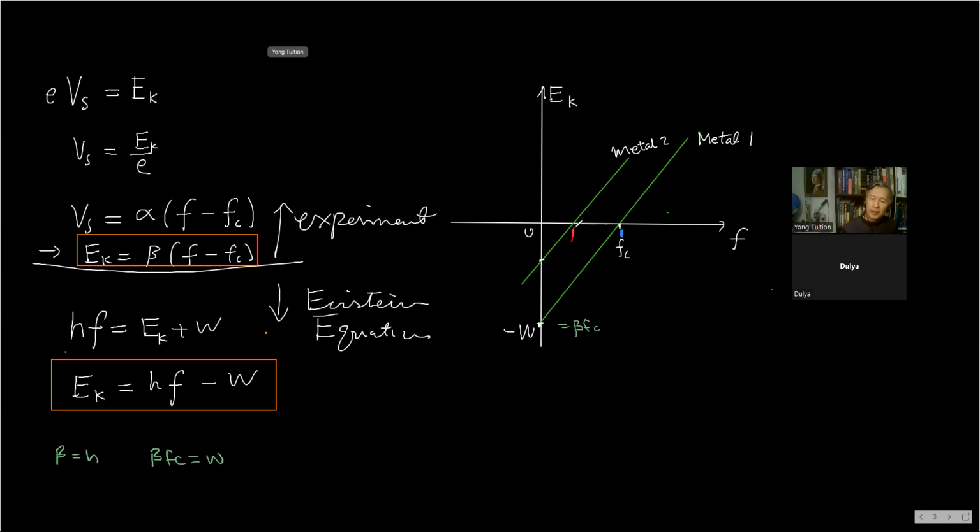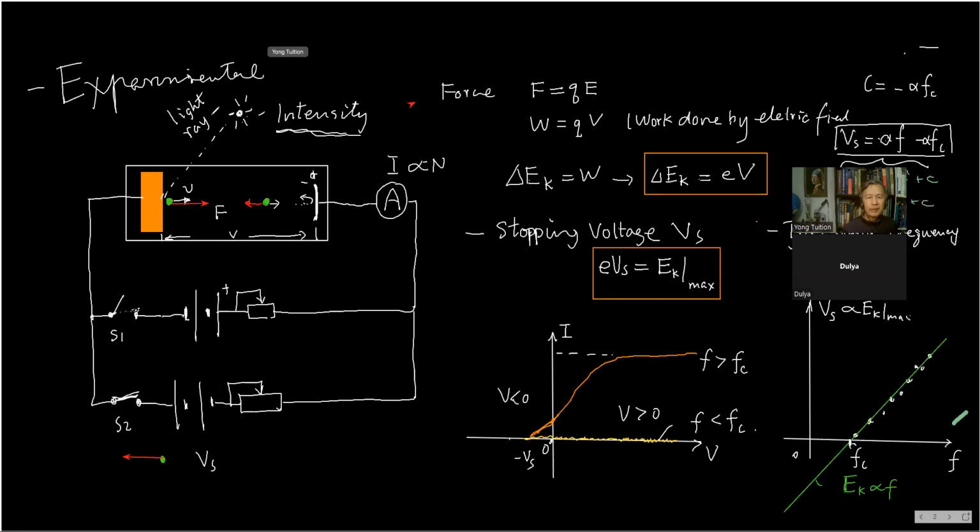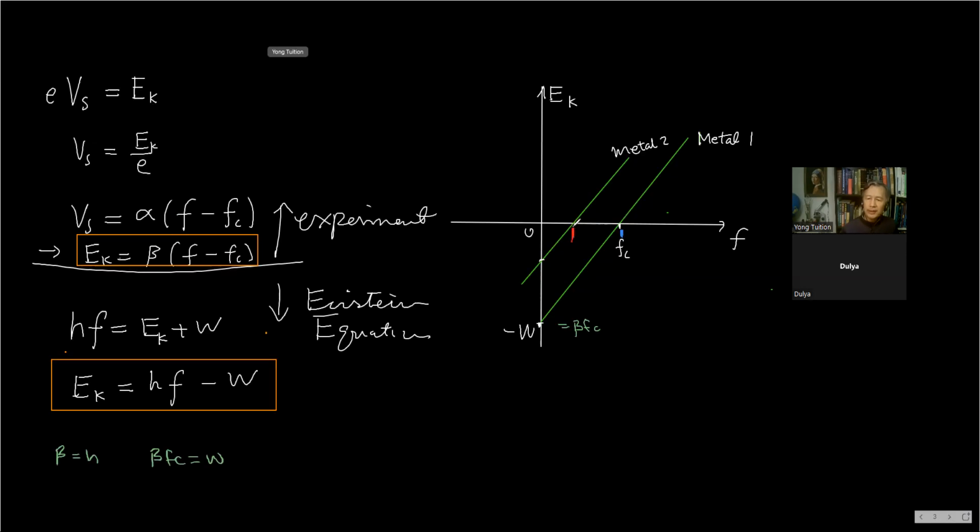However, if we keep using this red light source, can we see the photoelectric effect from metal 1? Just pretend we are doing an experiment. If I use the red color, we can see the photoelectric effect from metal 2.